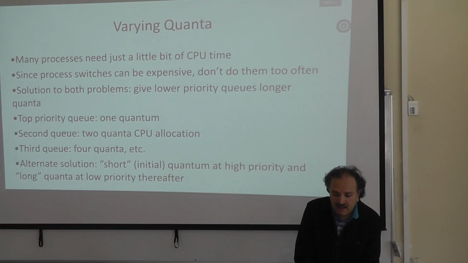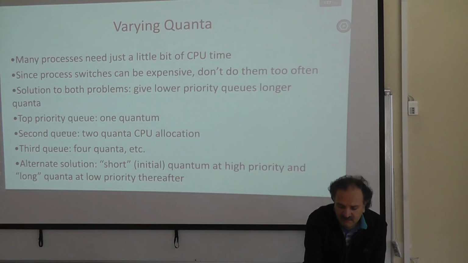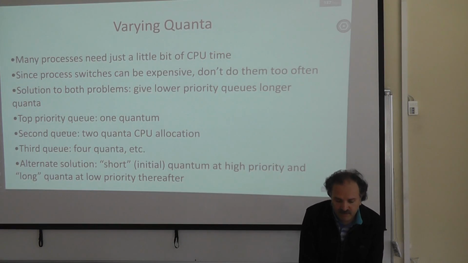But some of them might use the CPU even more. We know that process switching is very expensive, and I should keep my number of process switches to a minimum. Process switches can be expensive. Don't do them too often. So the solution is, okay, I need to keep my processes interactive.